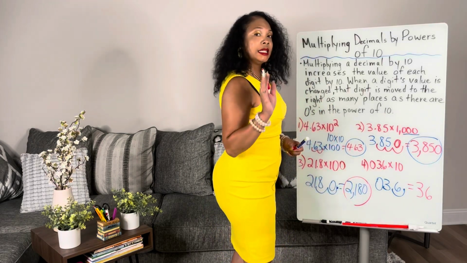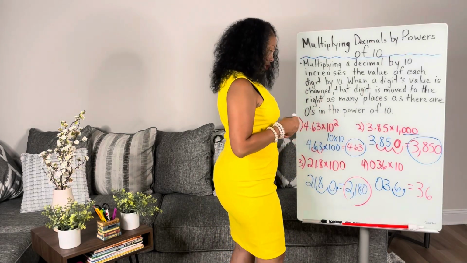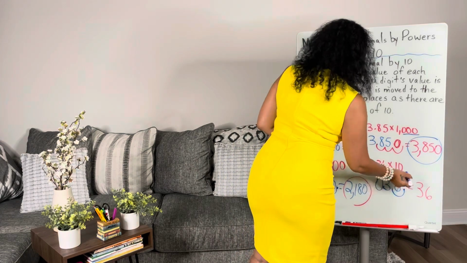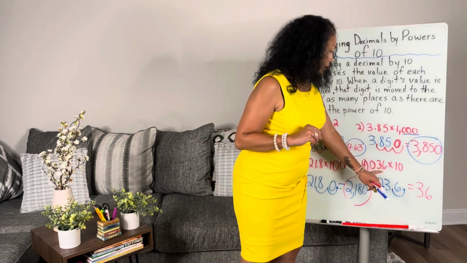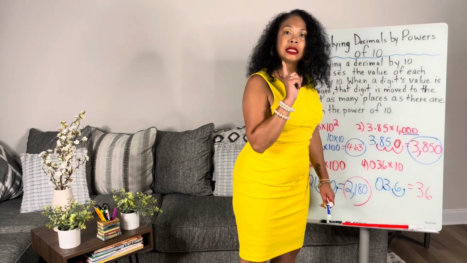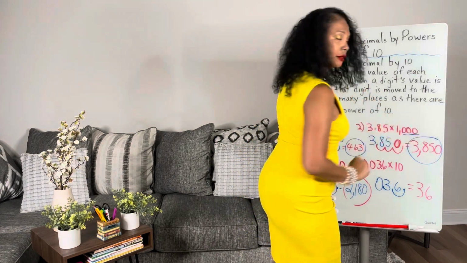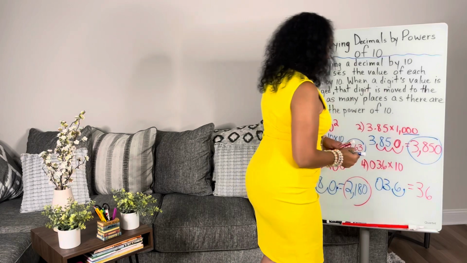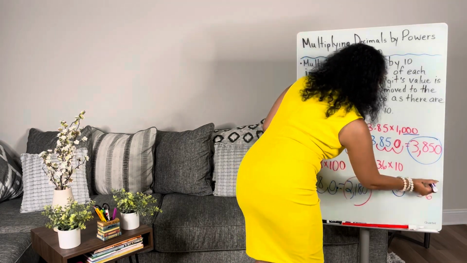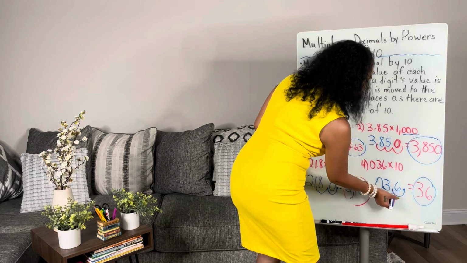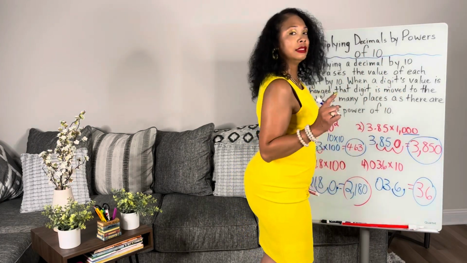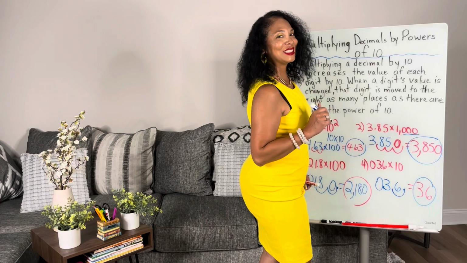And in the last example, the 10 had 1 zero, and that told the decimal to move 1 time to the right, okay, and our final answer was 36, because we had 3 and 6 tenths and we moved it 1 time to the right, and we got 36.